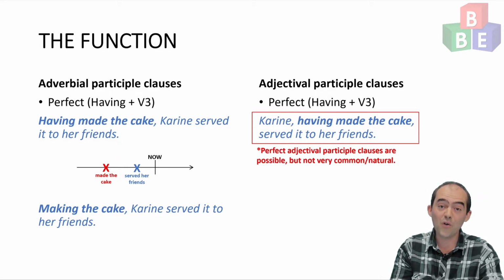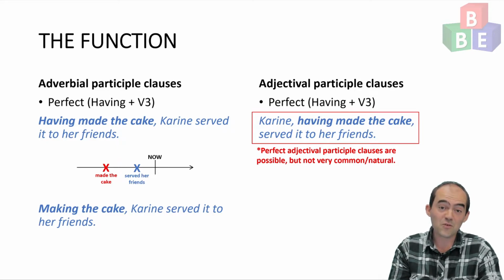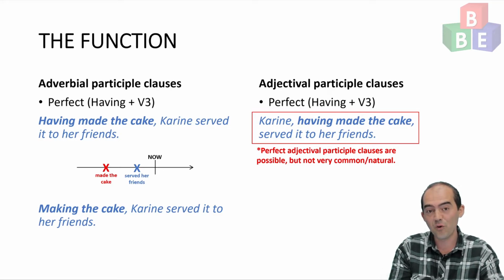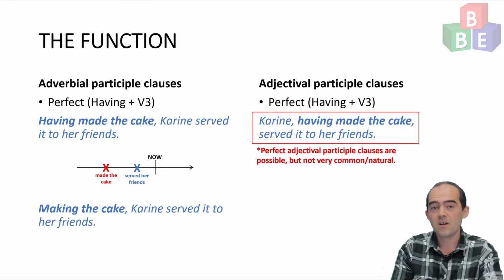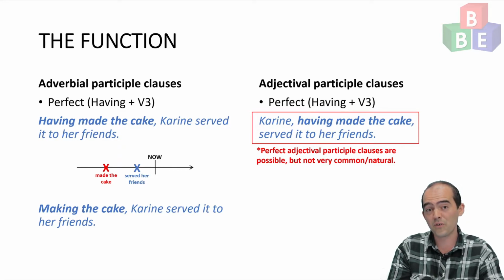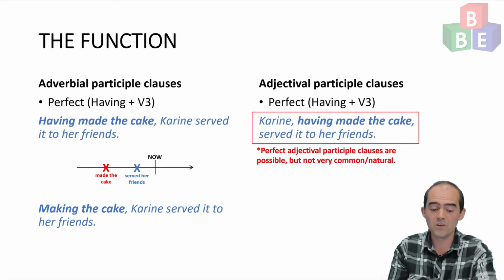So, by using the perfect participle, as we know with perfect tenses, I am expressing a connection of time periods. One action happened before another action. Because participle clauses don't give us this information about when the actions happened, if I want to distinguish that one action happened first, then I need to use having plus verb 3, the perfect participle.